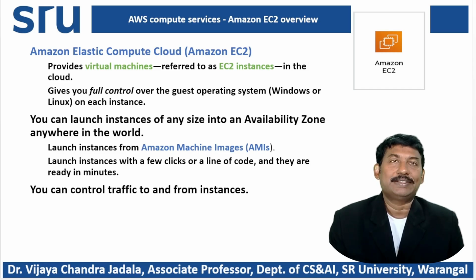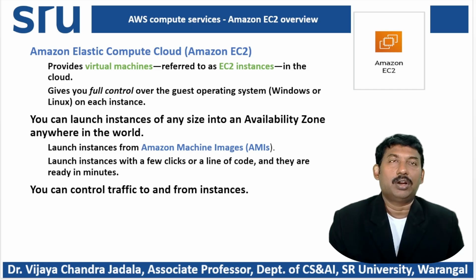We can launch instances from Amazon Machine Images, where you can launch instances with very few clicks and a little line of code, and your virtual machines are ready within minutes.